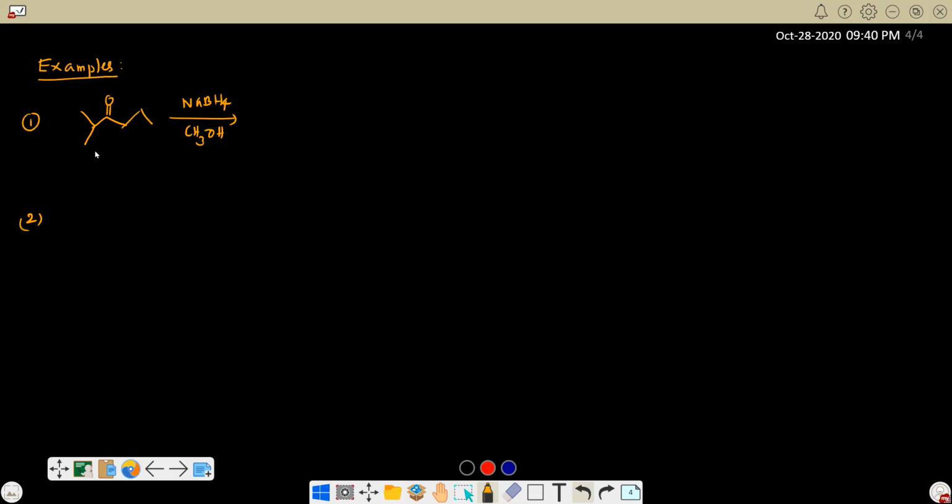And the second one, it could be an ester, a cyclic ester with C double bond O, and the reagents are first sodium borohydride, NaBH4, and second one lithium aluminum hydride.